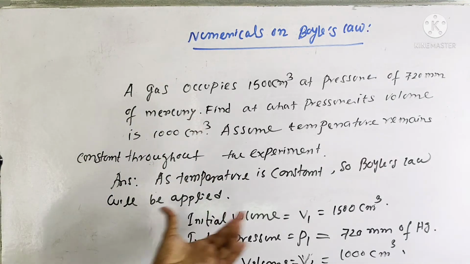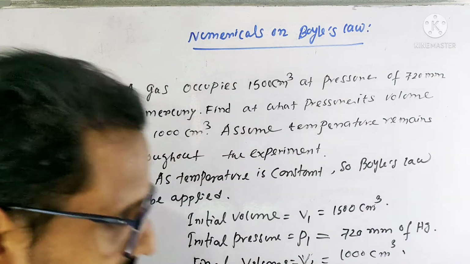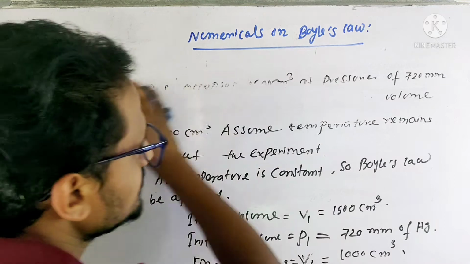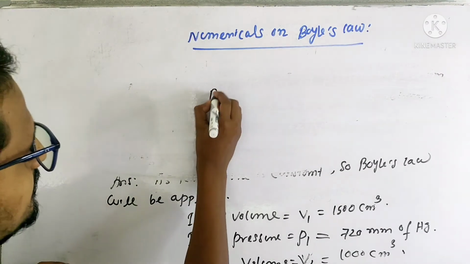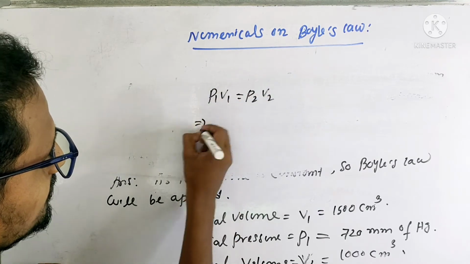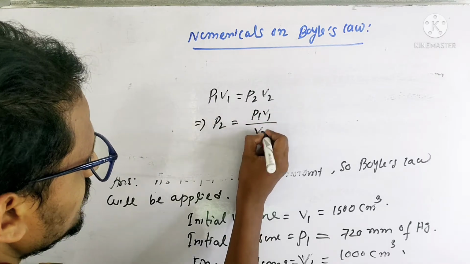As Boyle's law will be applicable, P1 V1 equals P2 V2. We need to calculate P2, so P2 will be P1 V1 by V2.